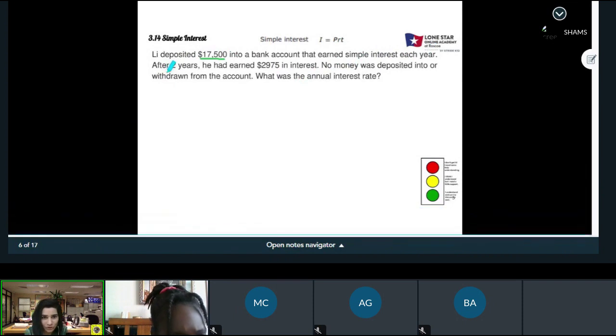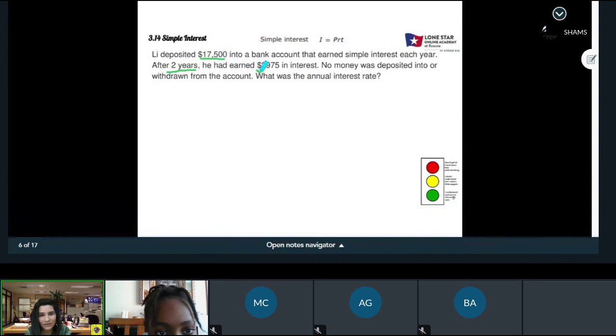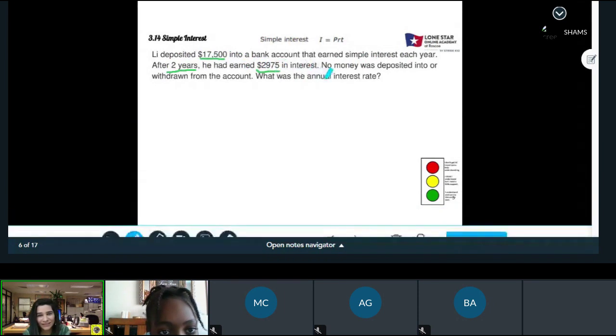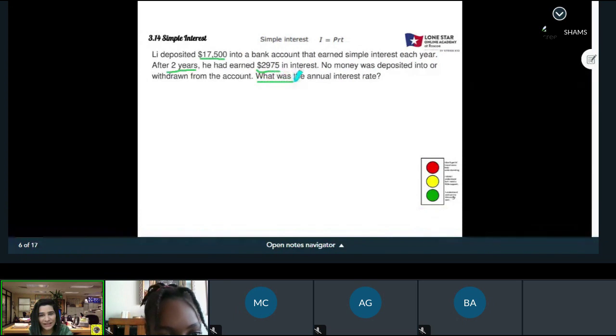After 2 years, he had earned $2,975 in interest. No money was deposited into or withdrawn from the account. What was the annual interest rate?